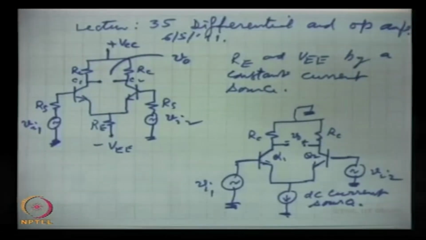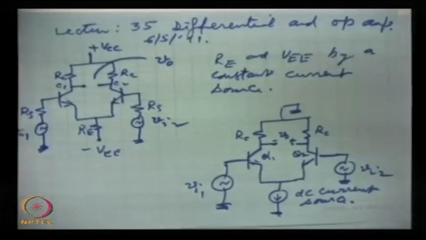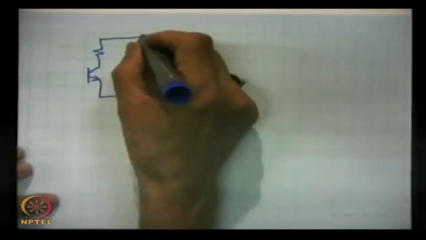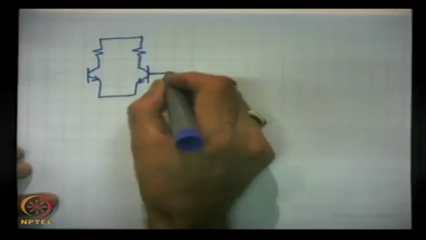So we continue the analysis, and here is the circuit. As I said, the second input source we will ground, and we will see the output of the first one. So here it is. This is grounded, and here this is active.